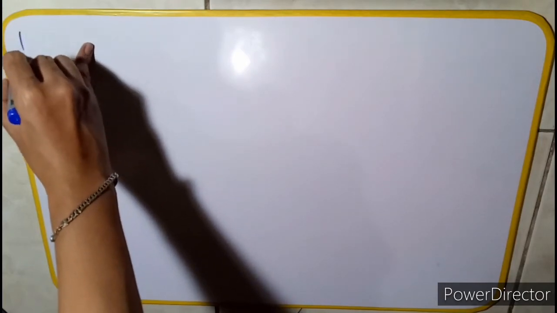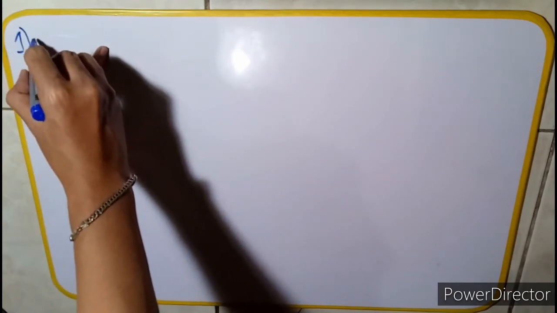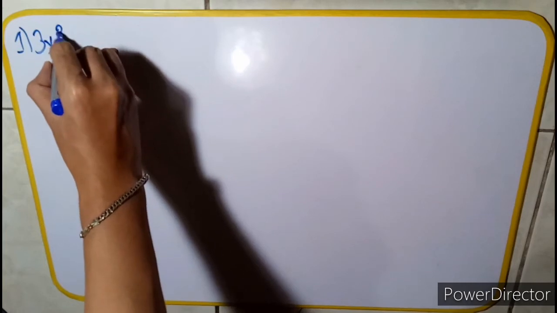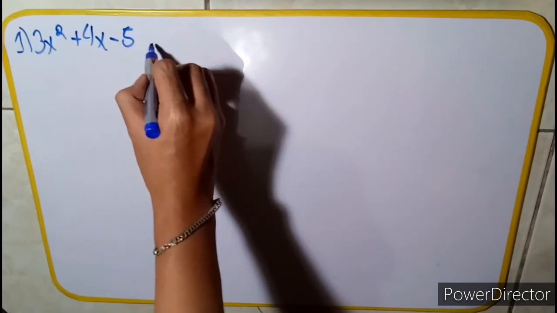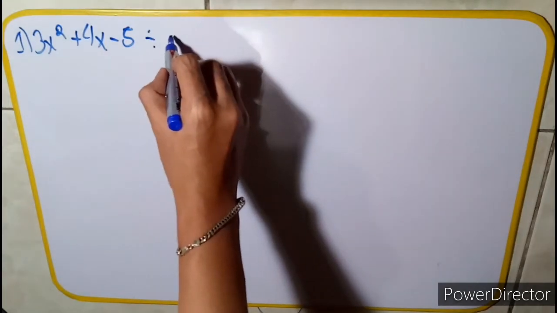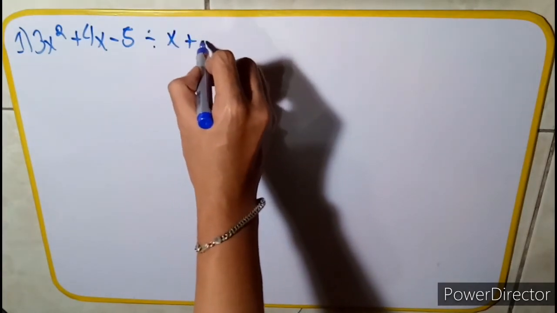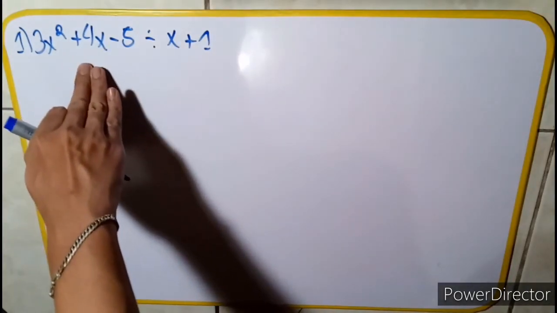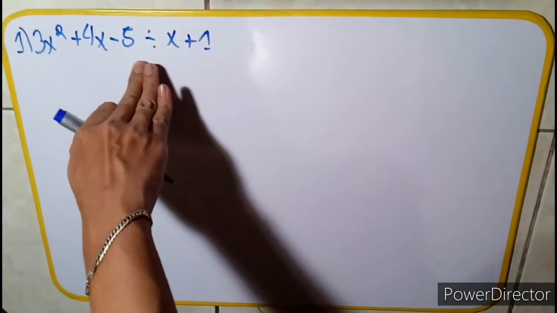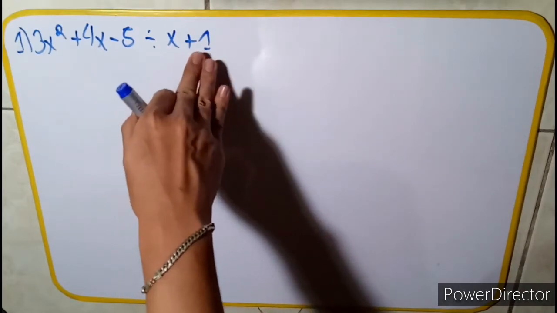Here are some examples. Our examples here are just the same as in the long method. By the use of synthetic division, we can finalize the answer that we got in long division. Now our first example is 3x squared plus 4x minus 5 divided by x plus 1.